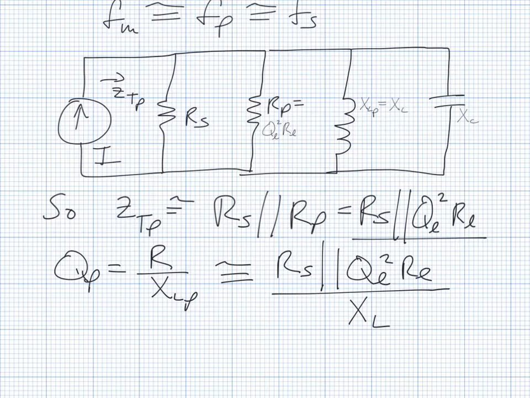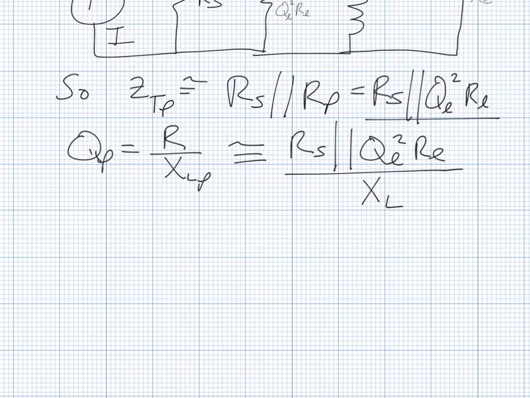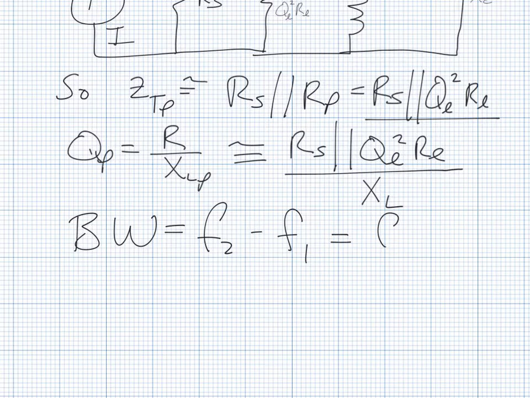All right. So to continue on with these approximations. I know this is kind of dry, but we want to get through this, and then we'll actually do some sample problems. In terms of bandwidth, bandwidth is obviously still equal to the second frequency minus the first frequency, which is equivalent to the resonant frequency over the quality factor of the parallel circuit.